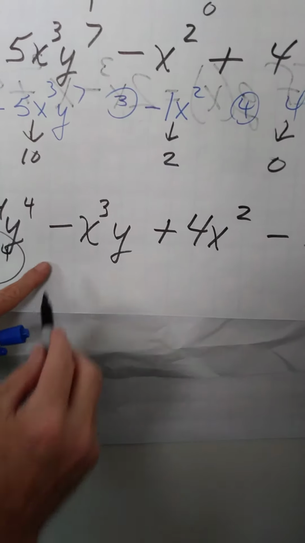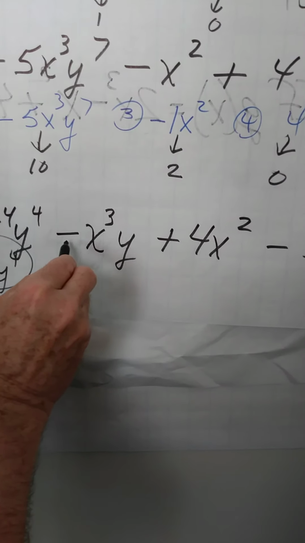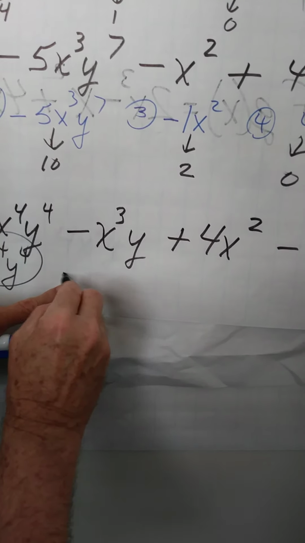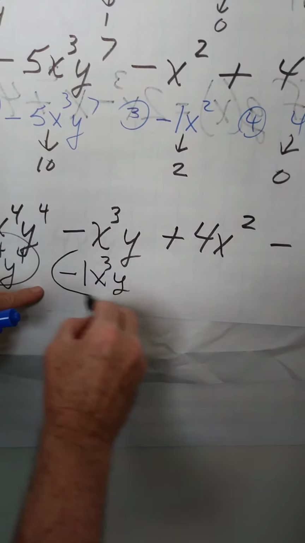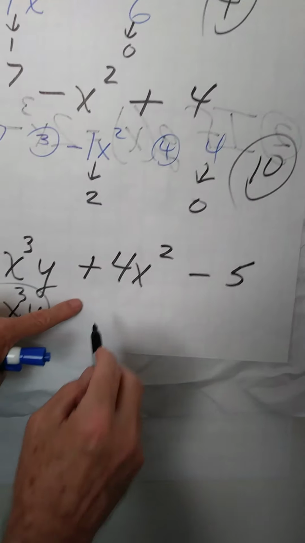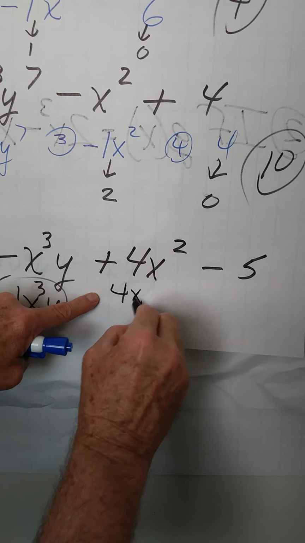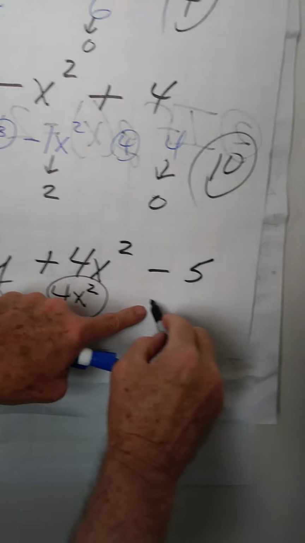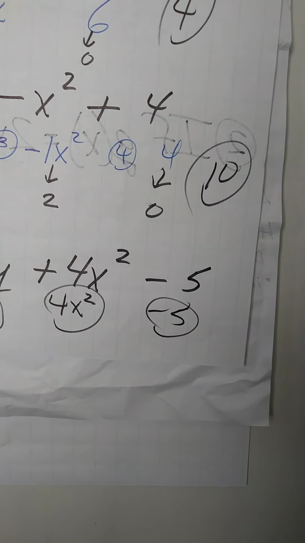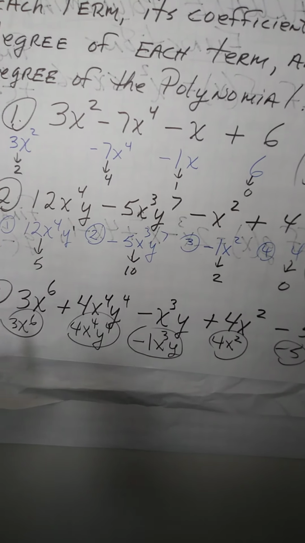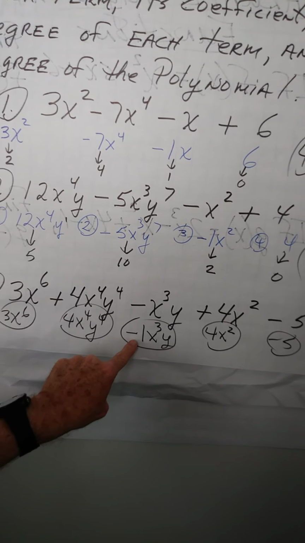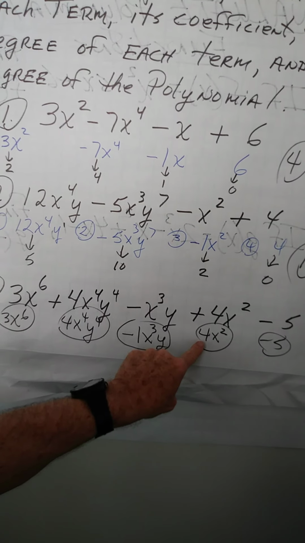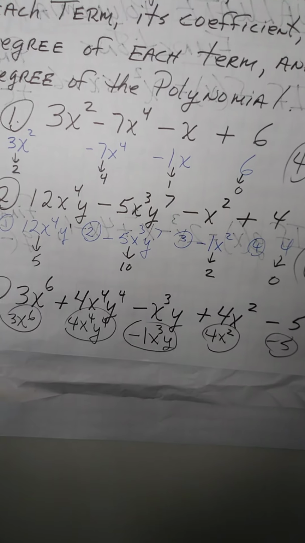Term number 3, I'm going to identify the coefficient when I write it. Negative 1 x cubed y. That's term number 3. Term number 4, a positive 4x squared. Term number 5, a negative 5. Coefficients, I'll just speak them. Positive 3, positive 4, negative 1, positive 4, negative 5.